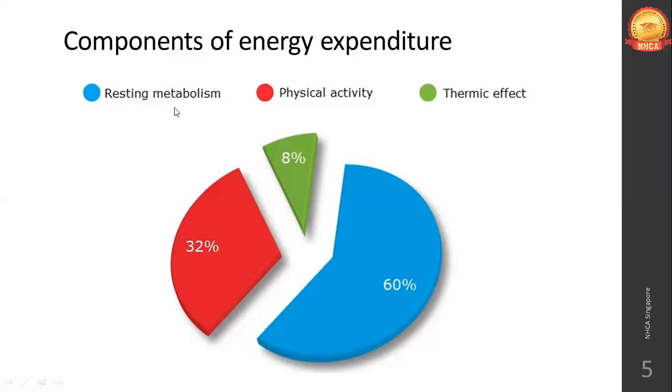That is resting body metabolism. You can see here on the pie chart, approximately 60-65% of energy expenditure is because of your resting body metabolism. It is on page number 132.